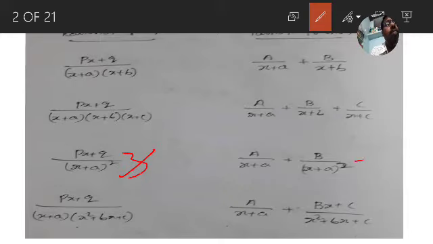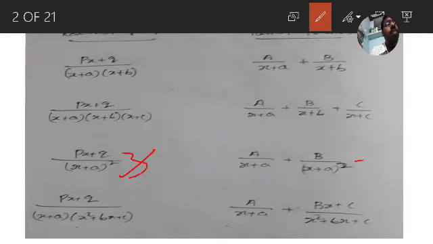Okay. So what is here? Here x^2+bx+c is an irreducible quadratic factor. That is, you cannot convert this quadratic expression into linear factors. So in this case, for the linear factor x+a, we have A/(x+a). For the quadratic x^2+bx+c in the denominator, you have to write the numerator as linear, therefore (Bx+C)/(x^2+bx+c), that's what you have to write.